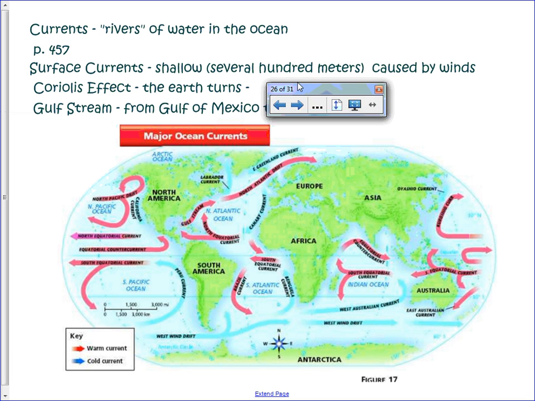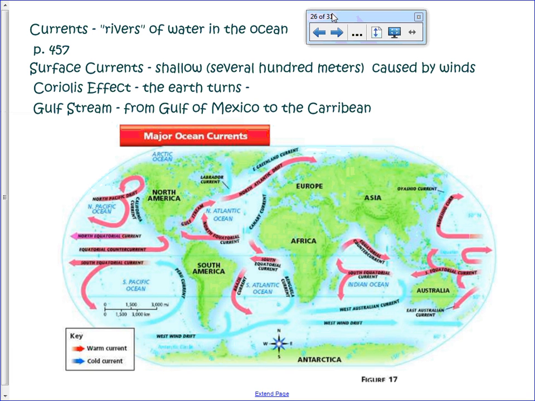So as you just heard in the Brain Pop, the currents on the Earth, and you'll notice this exact same picture is cut and pasted into your lab, and you'll need to color the arrows. Basically, we have surface currents, which are shallow, a couple hundred meters deep, and those are caused by winds.